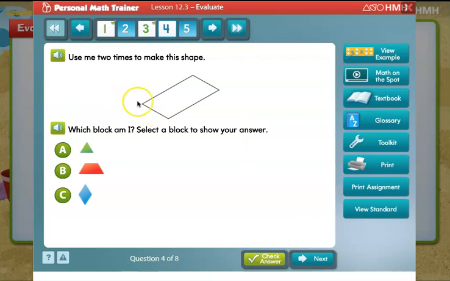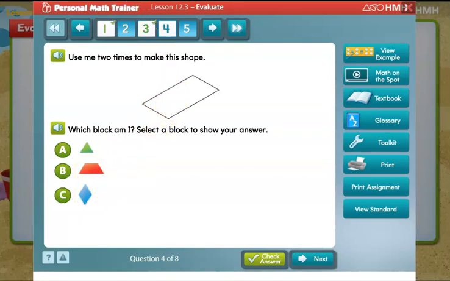Okay, you're going to use me 2 times to make this shape. So something gets used twice to make that diamond-looking rectangle. Would it be 2 triangles, 2 trapezoids, or 2 square diamonds?